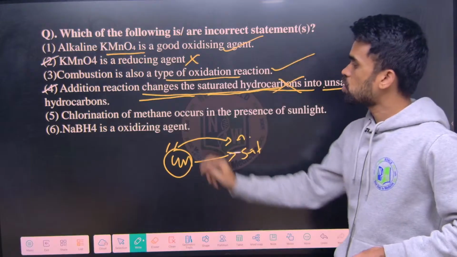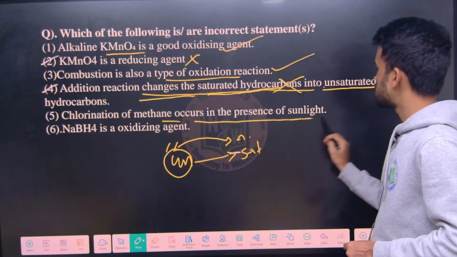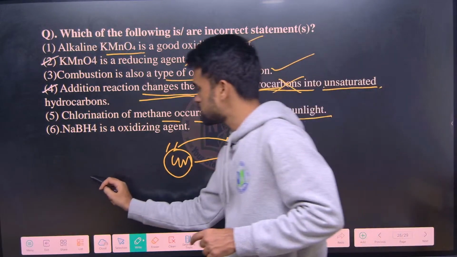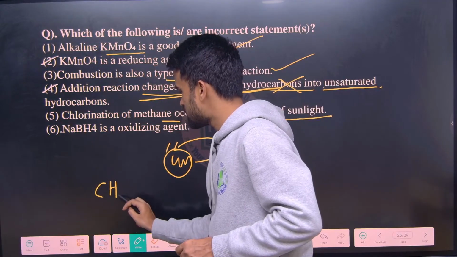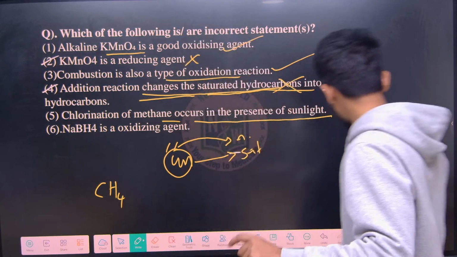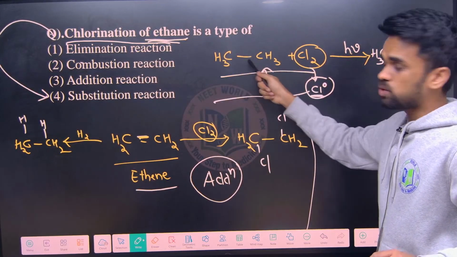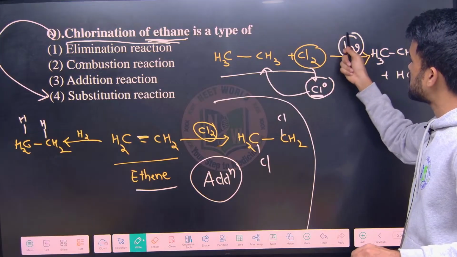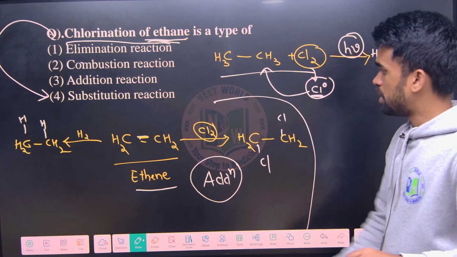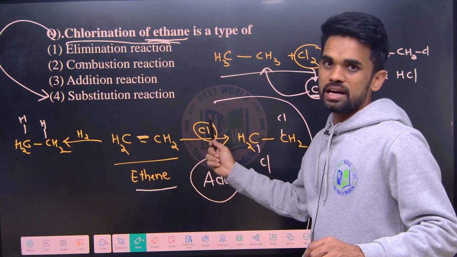Next statement: chlorination of methane occurs in presence of sunlight. Yes, right, because it is an alkane. Alkanes are highly stable. In the previous slide also we discussed. See, this is an alkane. Alkanes require specific higher temperature or specific conditions like sunlight, but alkenes react easily.